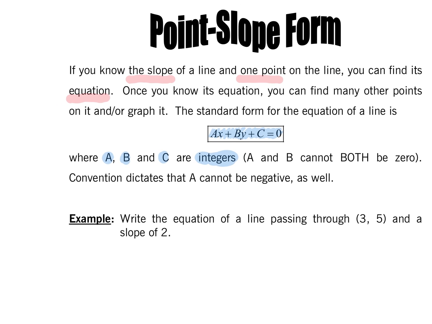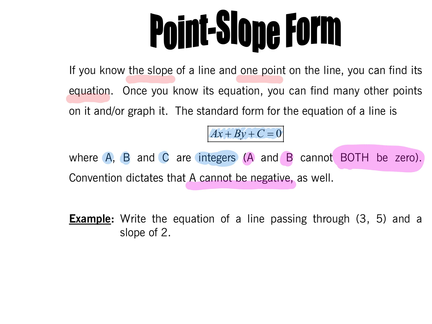And here are some other things that we must keep in mind. A and B can't both be 0. One of them could be 0, but they both can't be 0. Also, A cannot be negative. So if A happens to be negative, then we have to multiply or divide both sides by -1 to make A positive. B and C can be positive or negative. A has to be positive.